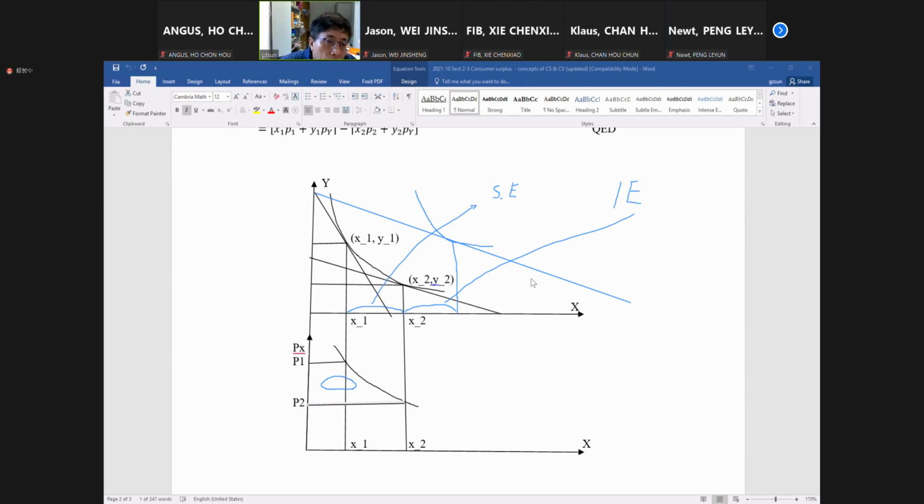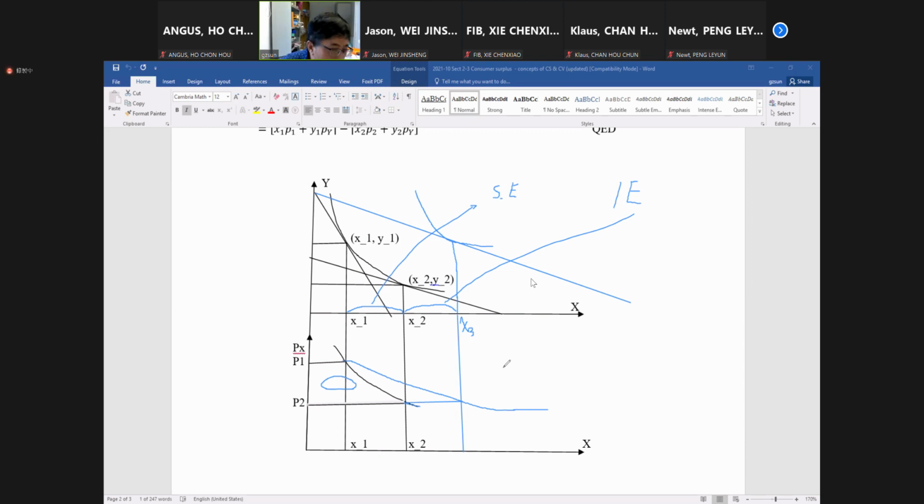And the change from this level to this level, let's call this X3, is due to the total effect, not only substitution, but also income effect.